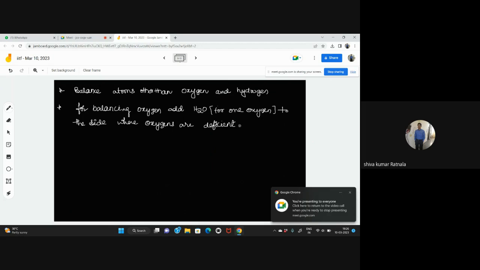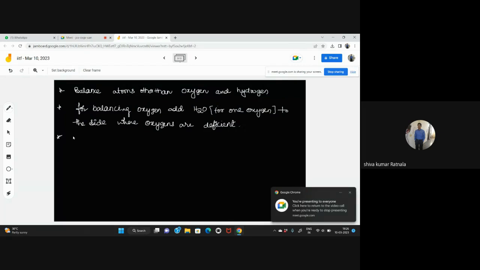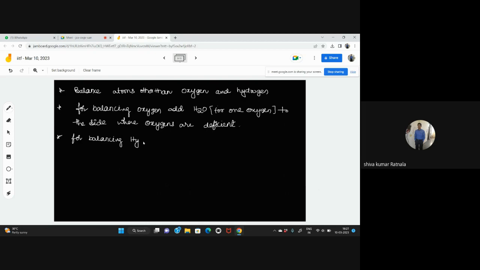Okay, students. Next one. For balancing hydrogen, add the required number of H plus ions to this side where hydrogens are deficient, if the reaction is in acidic medium.